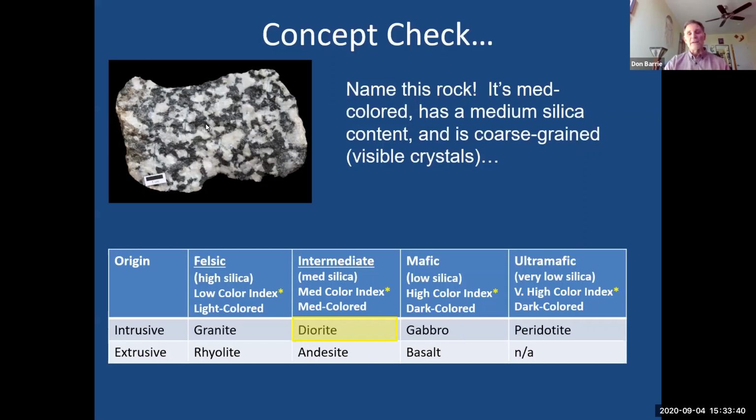And this is diorite, and we know it's diorite because it's coarse grained, because it has visible crystals here, those that we can see with the naked eye. Clearly, this rock formed intrusively. So again, this crystalline rock is intermediate composition, intrusive in origin, has to be diorite.